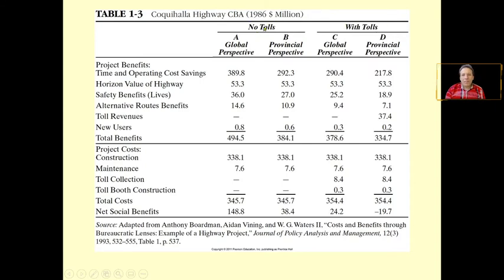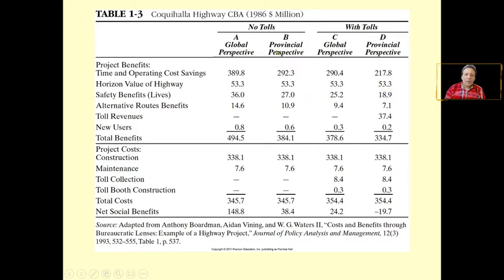What would be the best project? Well, we have here 4 CBA analyses. The first one is the global perspective. The second one, the provincial perspective. The third one is the global perspective with tolls. And the last one is the provincial perspective with tolls.